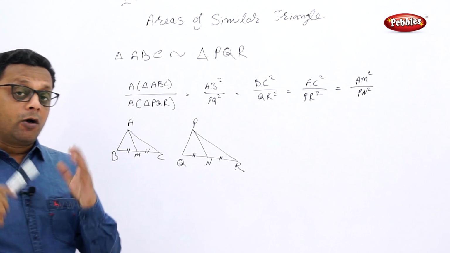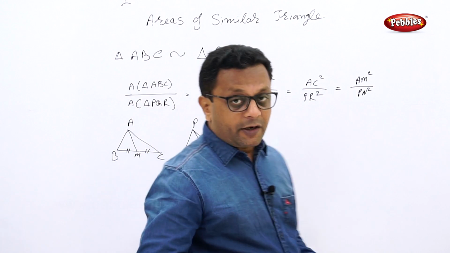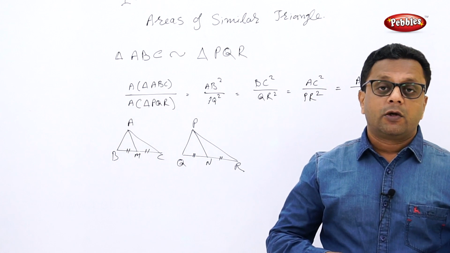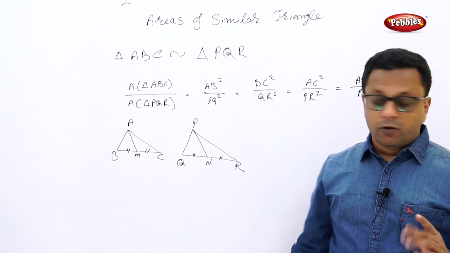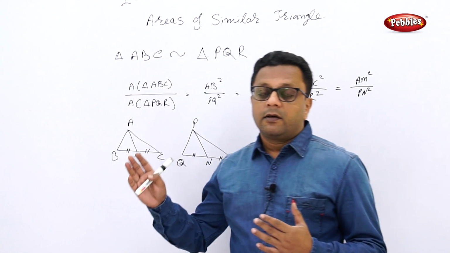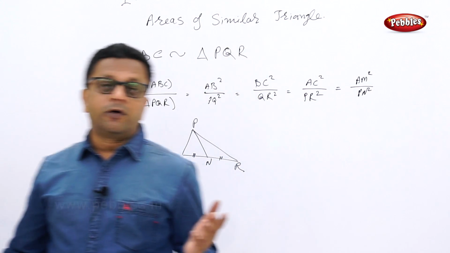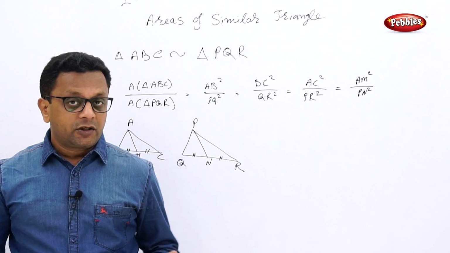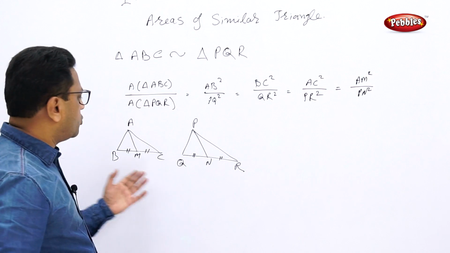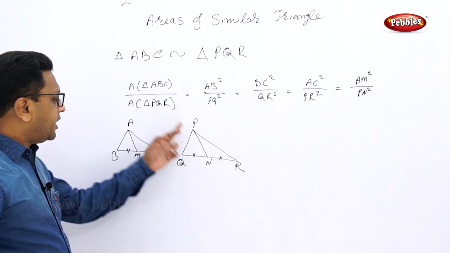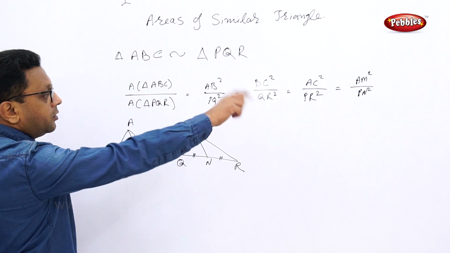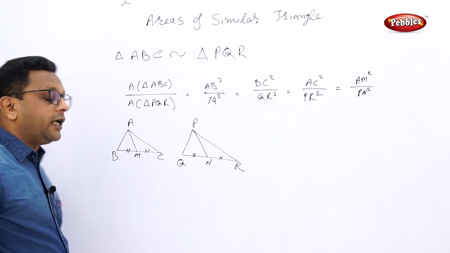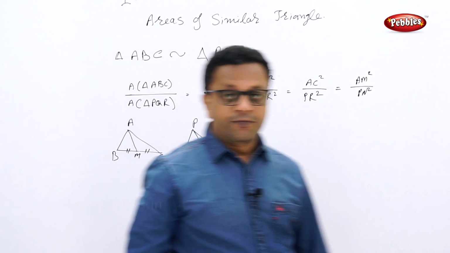That is, the ratio of the areas is also equal to the ratio of squares of their medians. You remember we just showed that the ratio of sides is equal to the ratio of the heights. So similarly here also we can prove that the ratio of the squares of the medians is equal to the ratio of their areas.